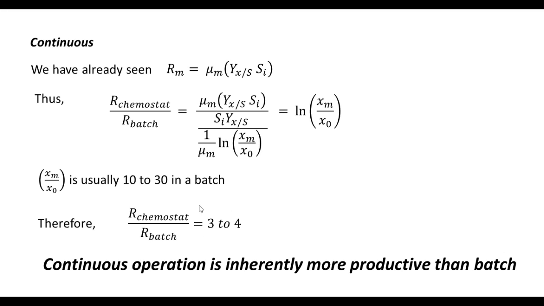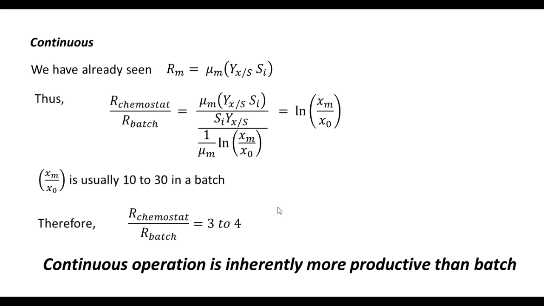This is also a very profound kind of an insight that we get from this analysis. The chemostat is 3 to 4 times more productive than a batch, usually speaking. Okay. So an industry can expect to be 3 to 4 times more productive by switching to a continuous operation, but operating in a continuous mode requires a lot more effort than operating in a batch mode.